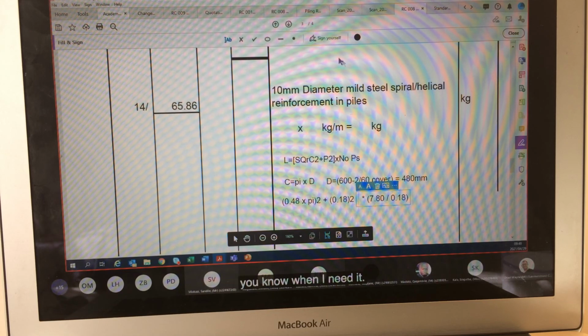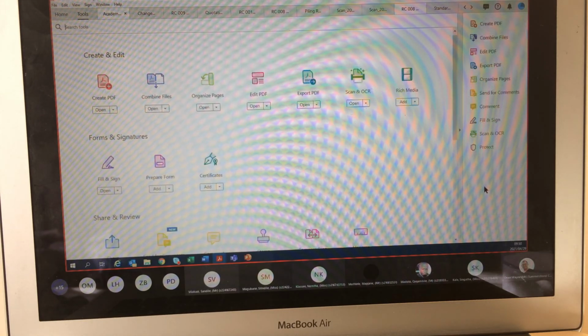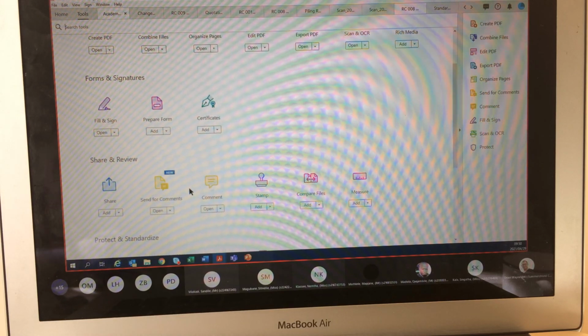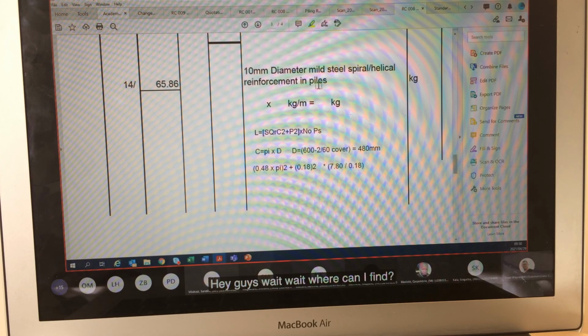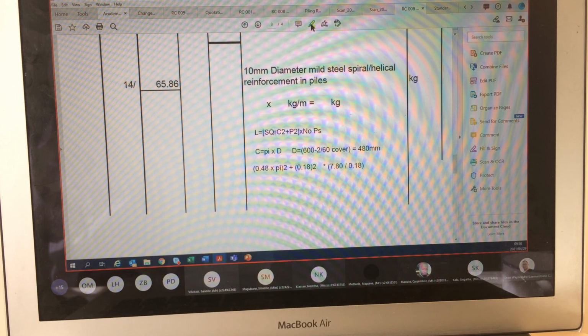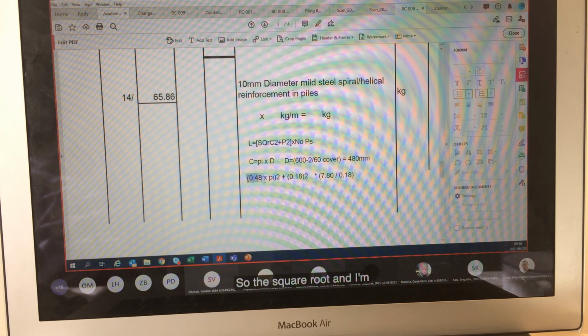Where is my highlighter now when I need it? So the square root, and I'm just going to highlight that.